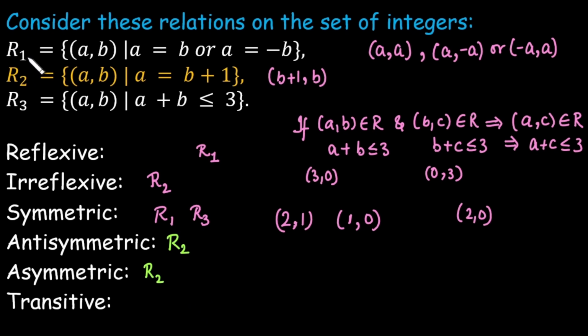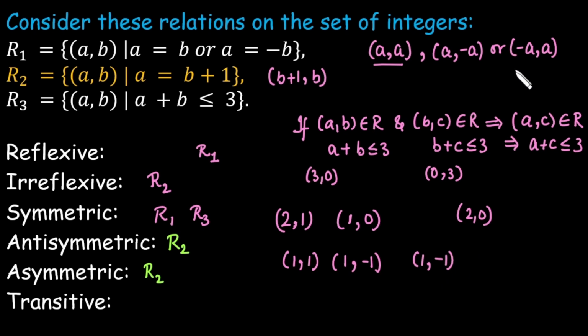Now what about the relation R1? If I take this type of ordered pair, it's clearly correct. So let it be 1, 1. In this case, we need to fix the value of B, 1. So we can take either the same, 1, or we can take the negative of itself, that is minus 1. So the final will be 1, minus 1.